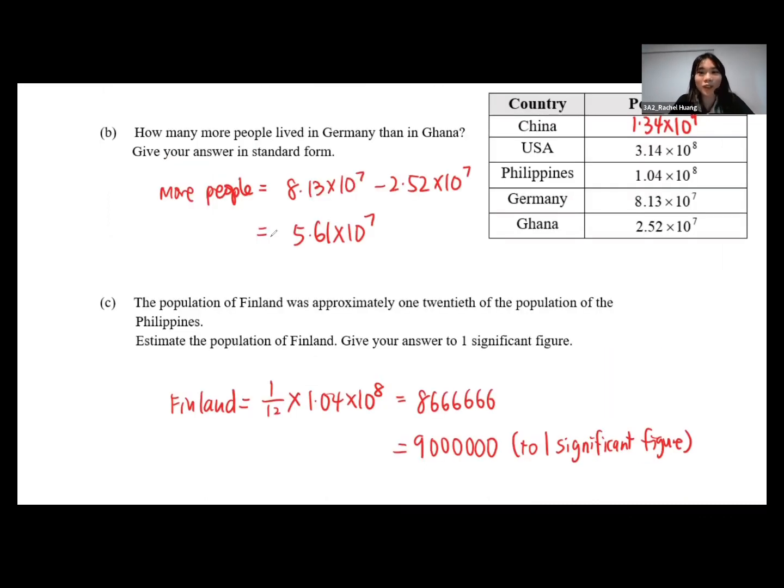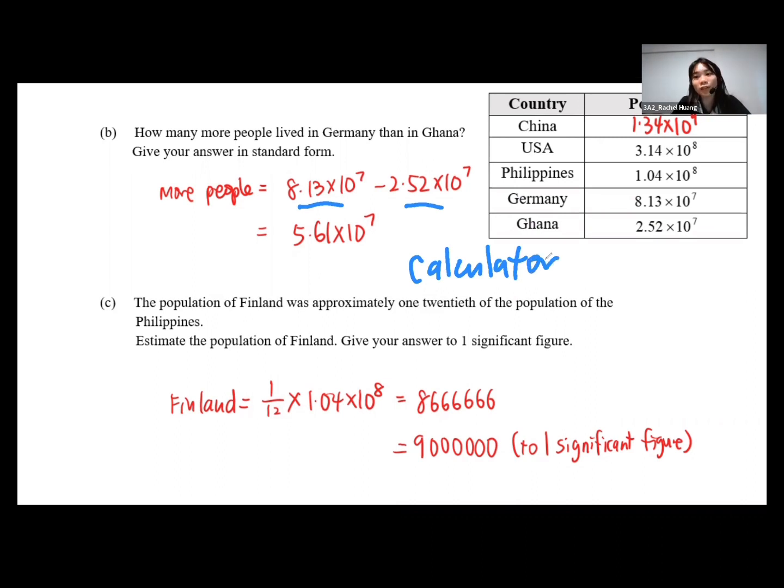How do they test you on standard form? So standard form can come in the form of word problems such as this one, which talks about Germany and Ghana and the population numbers. So if let's say I have a very big population number for Germany and then a very big population number for Ghana, right? So I would want to use the calculator to minus it off.